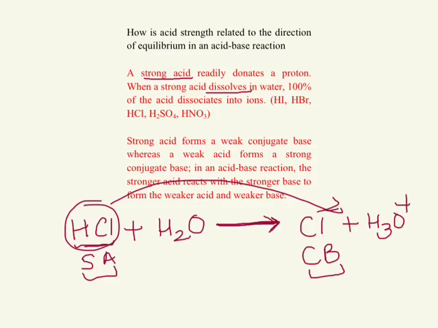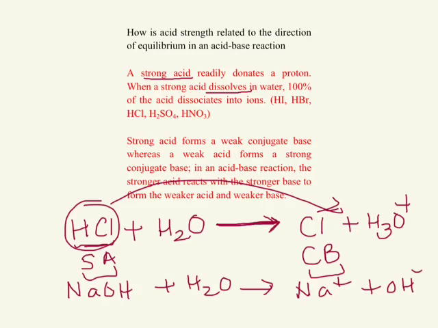Similarly, instead of strong acid, if I take a strong base, how are we going to define that? A strong base readily accepts a proton. Or another way of saying is a strong base, when dissolved in water, produces OH minus ion. So let's look at this reaction. For example, sodium hydroxide, when dissolved in water, produces Na plus and OH minus.